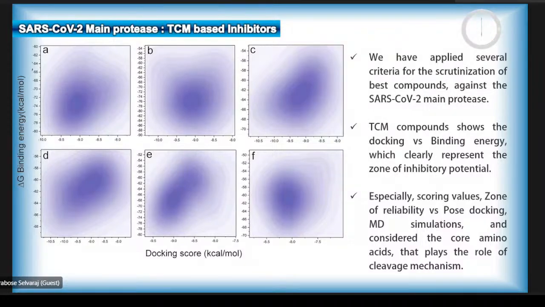We set criteria for one-site binding energy and docking score, to see how the zone of inhibition is caused for each molecule. As I told, it should be above 8.5 and above 40. Every molecule in each conformation satisfies this criteria and the zone of inhibition is formed. So these TCM compounds can be better inhibitors for the main protease.